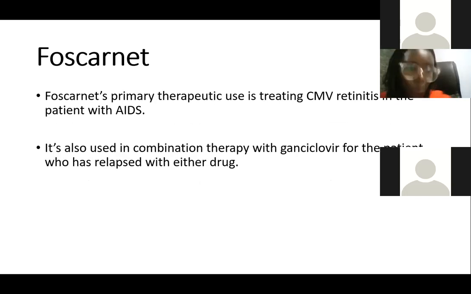And so, like I mentioned earlier, it's mostly used to treat CMV retinitis in patients with AIDS. And also combination therapy with ganciclovir for patients who are not responding to either Foscarnet alone or ganciclovir alone. You can give it as a combination therapy with the Foscarnet.